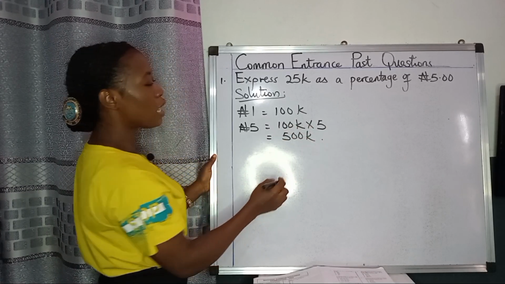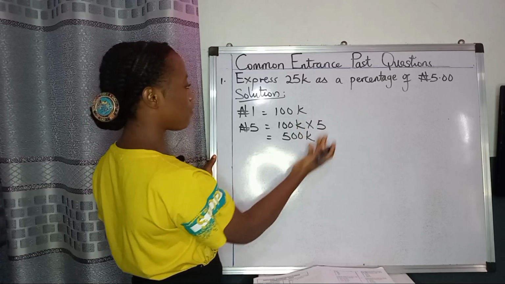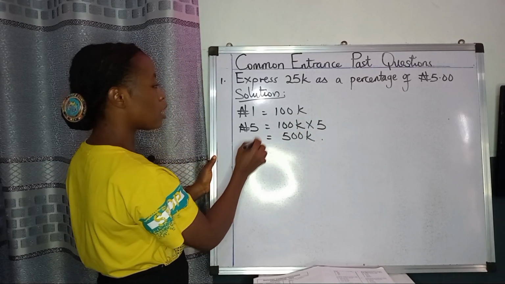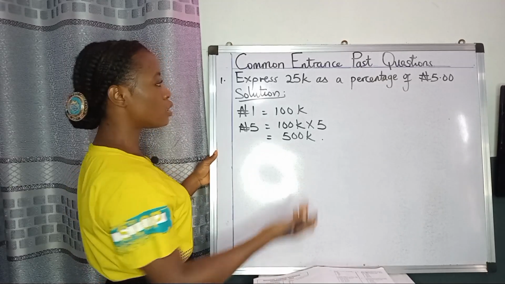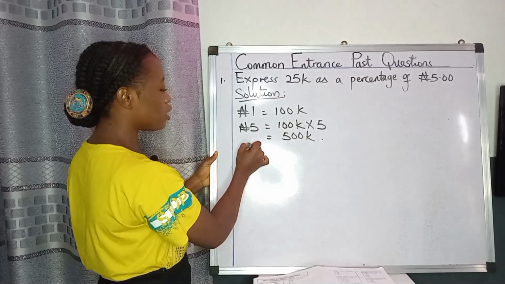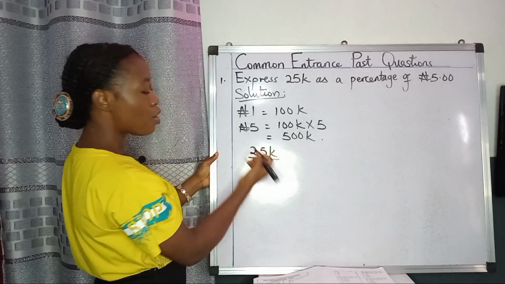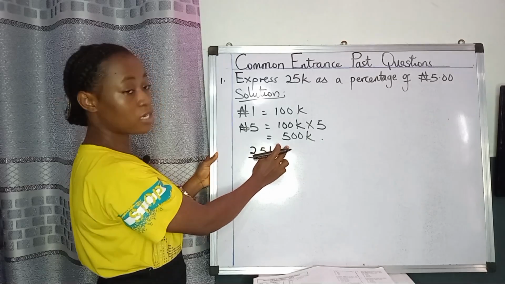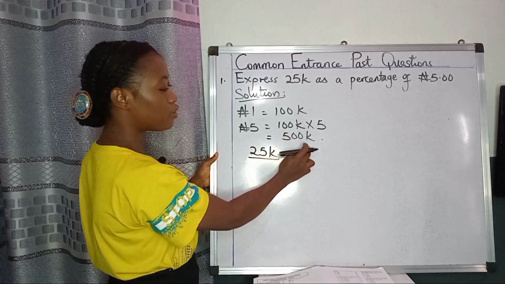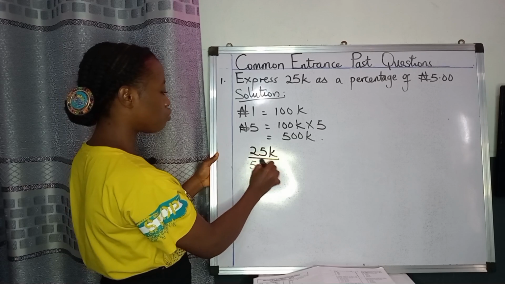Now you are going to express 25 kobo as a percentage of 5 naira. All you need to do is write the smaller value, which is 25 kobo, over the bigger value. Remember, the bigger value here is 5 naira, but we have converted it to kobo and we got 500 kobo. So this will give us 25 kobo over 500 kobo.